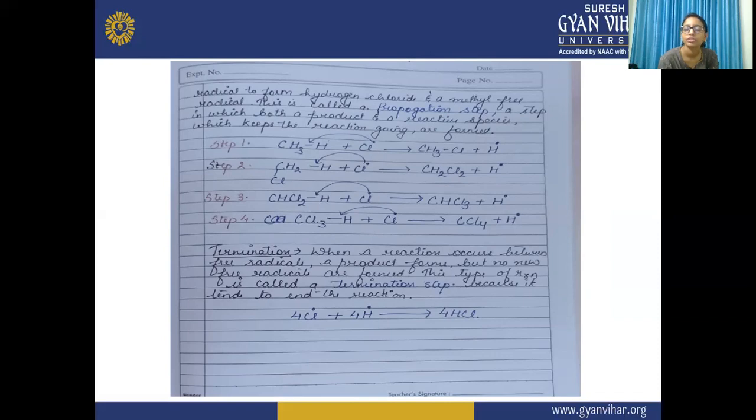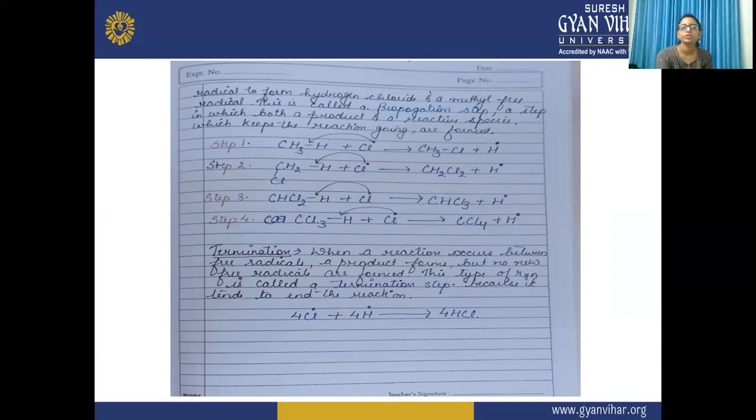In chloroform, one hydrogen is present. Again, this reaction will continue until there is a hydrogen present in the methane. So here only one hydrogen is present, so this is also abstracted out. So there is a formation of carbon tetrachloride and a hydrogen radical.